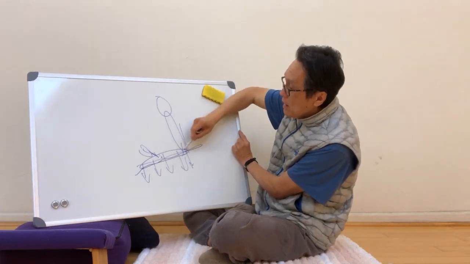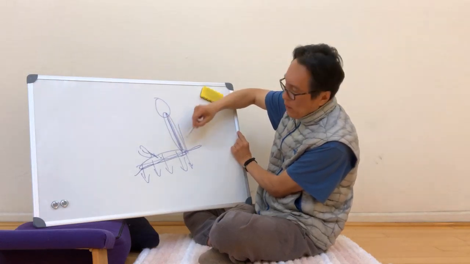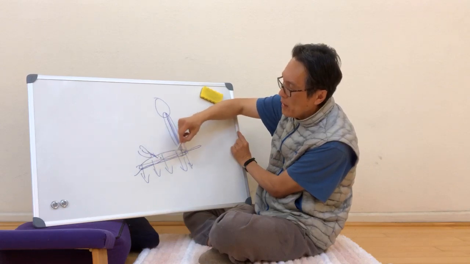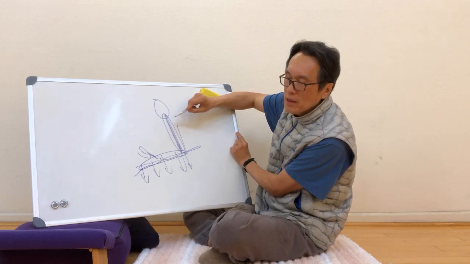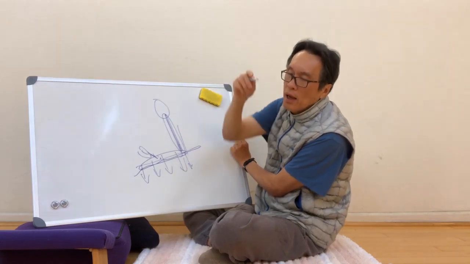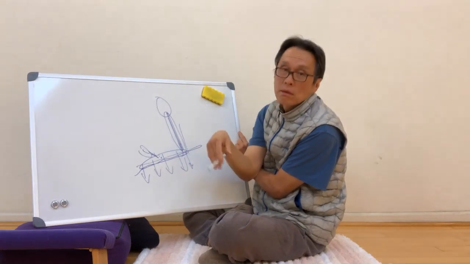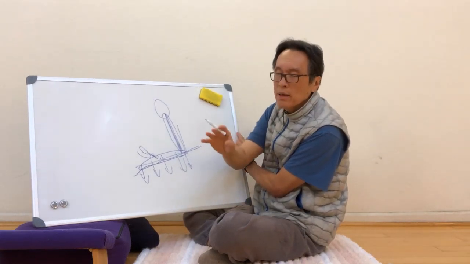The second is your spine. When you have a good foundation, body weight distributed evenly, your spine does not have to compensate. It can be naturally straightened. Naturally. Okay? You don't have to do anything.